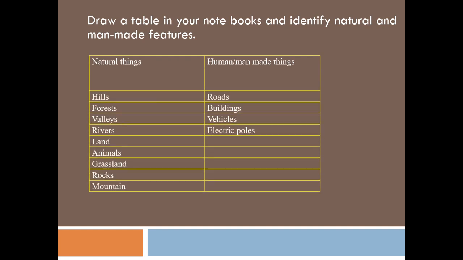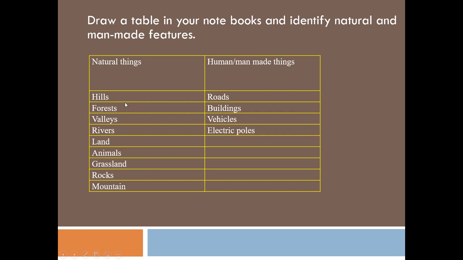So from the photographs above, I was able to make up the list below: the natural things or the natural features, and the human or the man-made features. We have the hills. We said the hills are in photograph A. We looked at photograph A. Then we have hills in photograph F. Photograph E, it has so many hills.